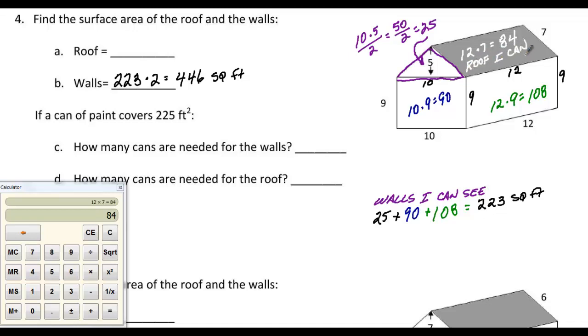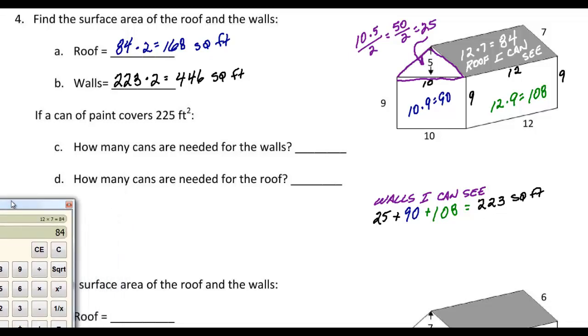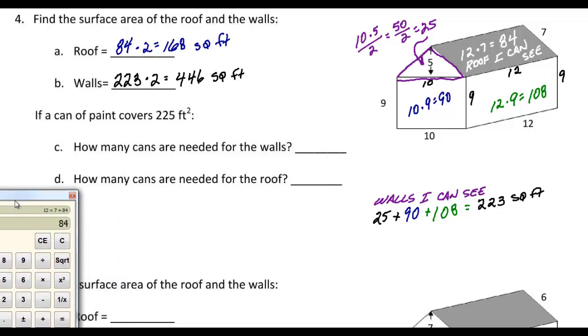So the roof I can see is 84. I'm going to multiply that by 2. 80 times 2 is 160, and 4 times 2 is 8. So I get 168 square feet.